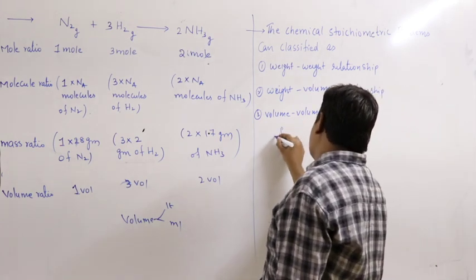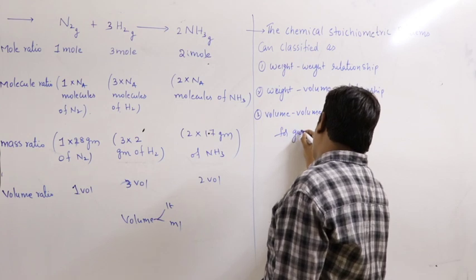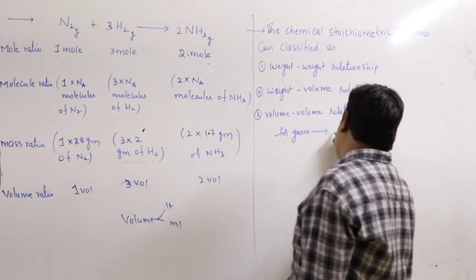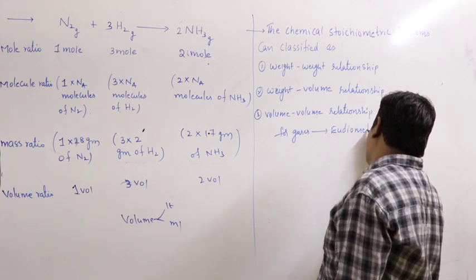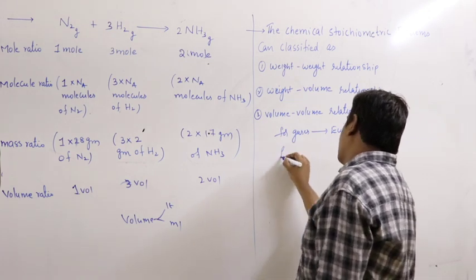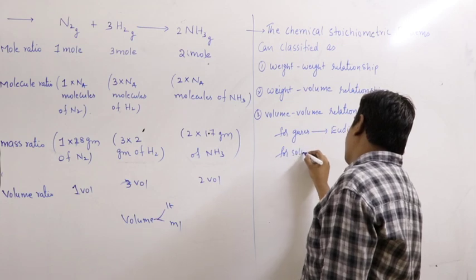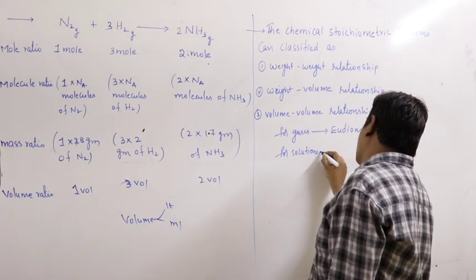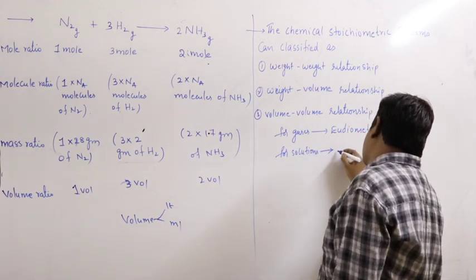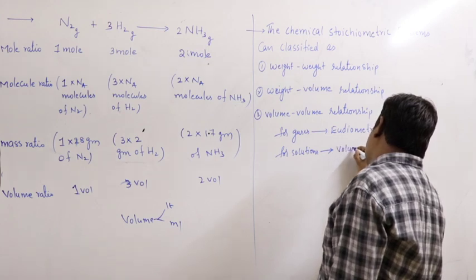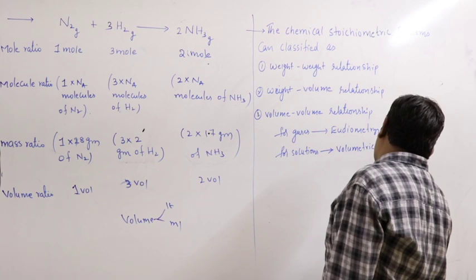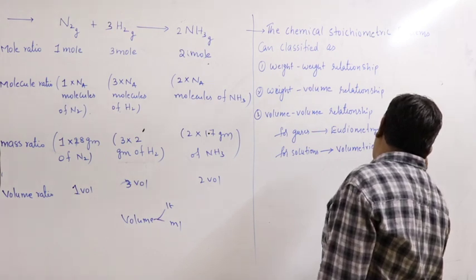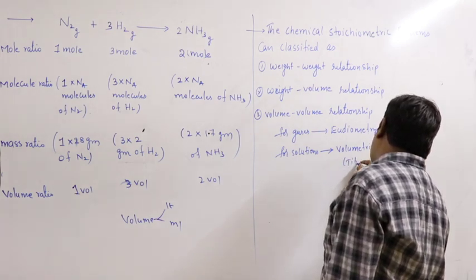Here it can be volume for gases. For gases we separately study under the heading iodometry. For solutions it is volumetric analysis, or simply titrations.